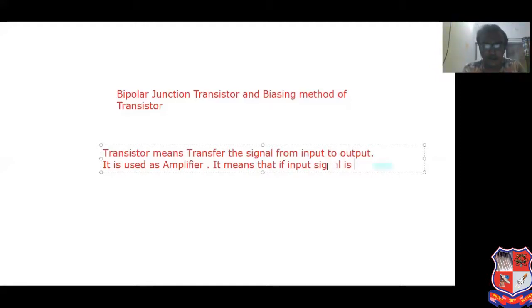Input signal is low, then output signal is high. It is the meaning of transistor.